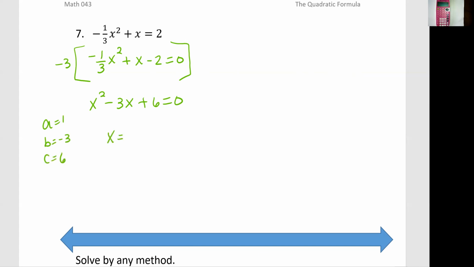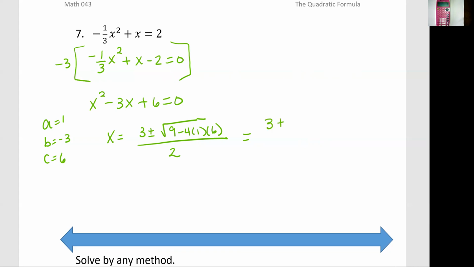Substitute our values in. Calculate the discriminant. So we have -15.